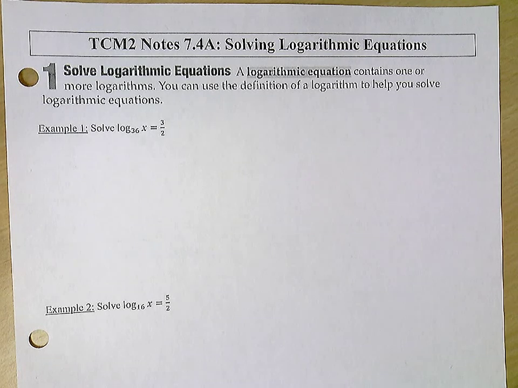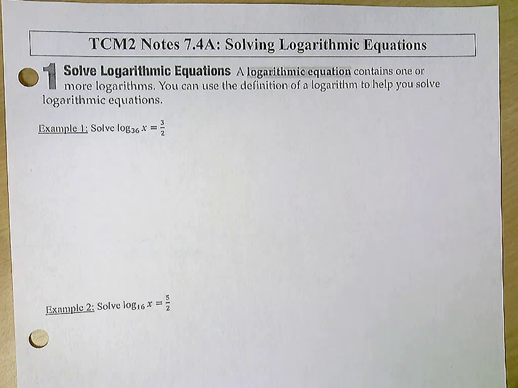So we've solved exponential equations previously in our other sections. To solve a logarithmic equation, we're just first going to change it into exponential. So our first example, we have log base 36 of x is equal to 3 over 2.